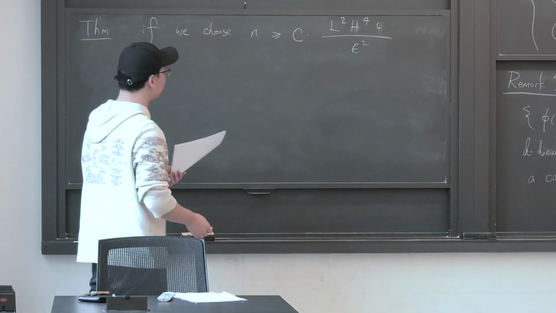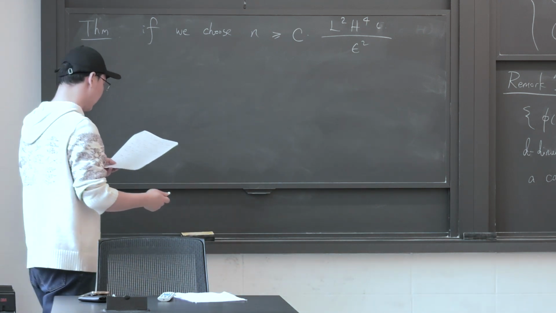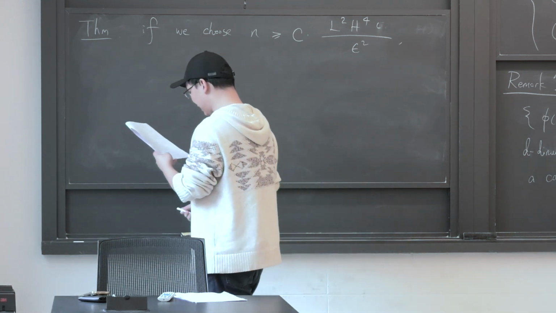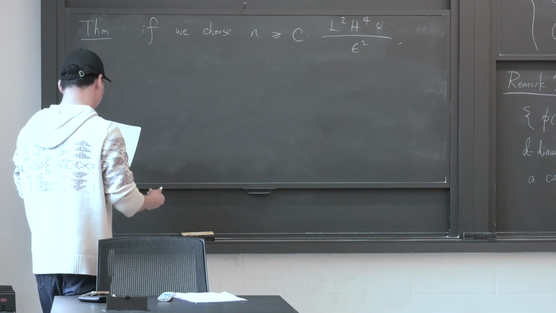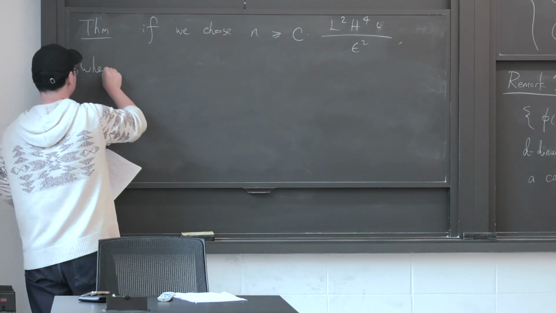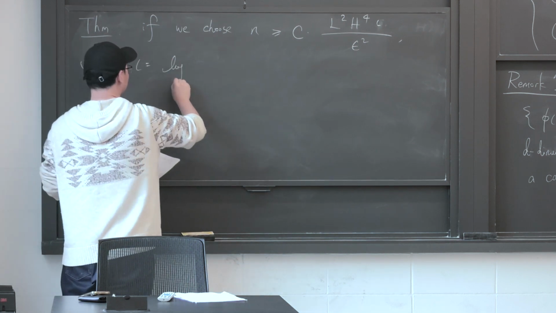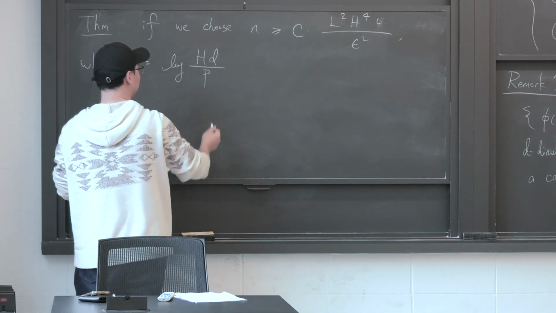Remember this n is the number of samples we will query the simulator for a specific state action pair in the core set. If we query this number for each state action pair in the core set, where again this iota is some log factor, we have seen this a lot in this class. We do the log of Hd over p.